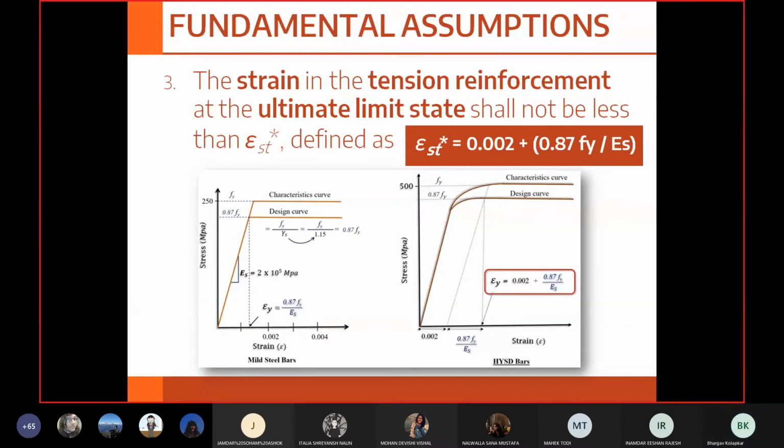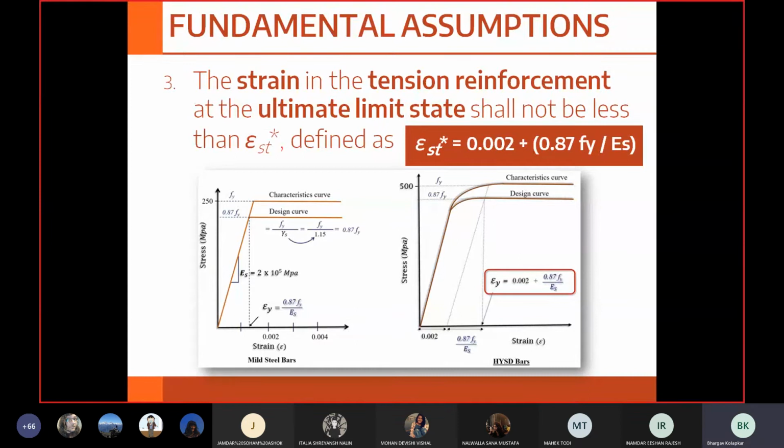Now, when it is about to collapse, we want it to deflect a lot, because a larger deflection is giving us a warning that the member is about to collapse and this is the time to vacate the building. Imagine that if the collapse occurs with negligible deflection, you will never know that this building was about to collapse.